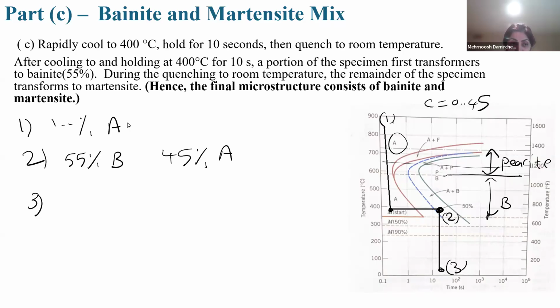But at 3, the 55% of bainite does not change, because I told you that the TTT diagram is only talking about the transformations of austenite to other phases. But the austenite, the remaining 45%, converts to martensite.